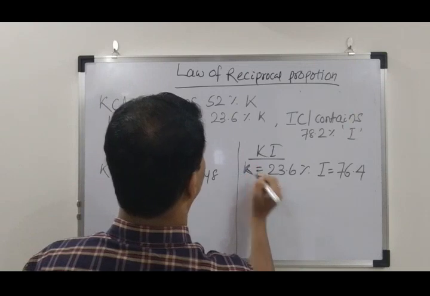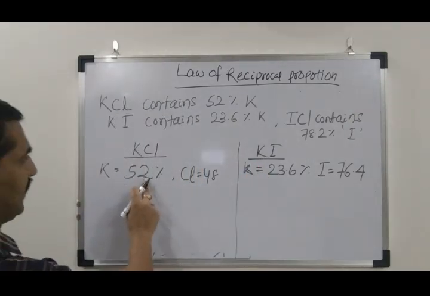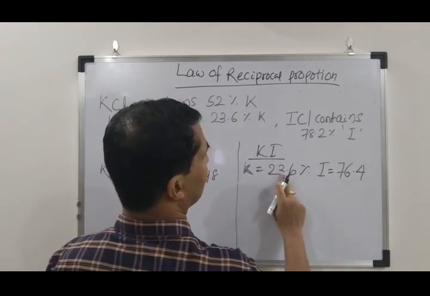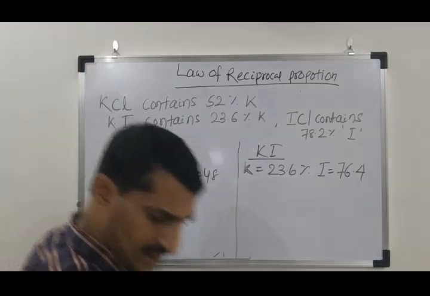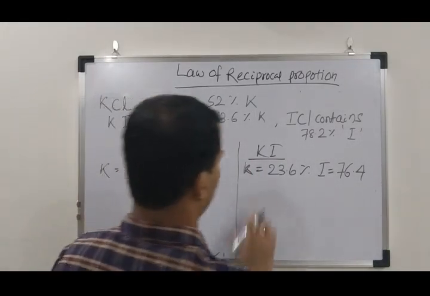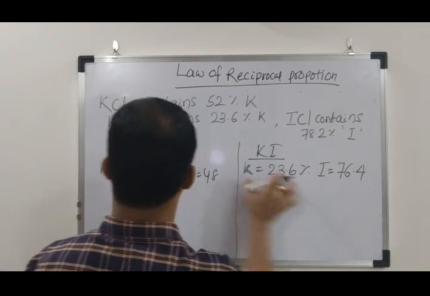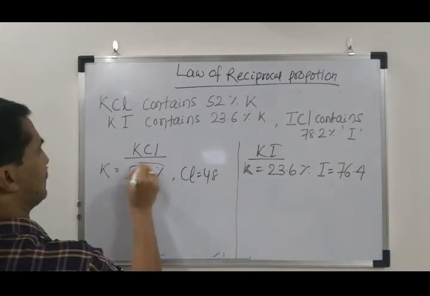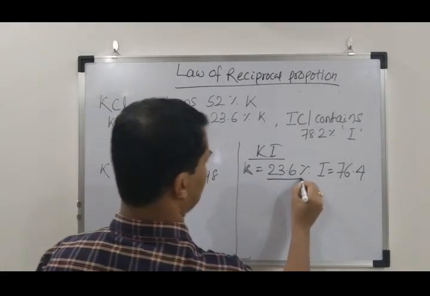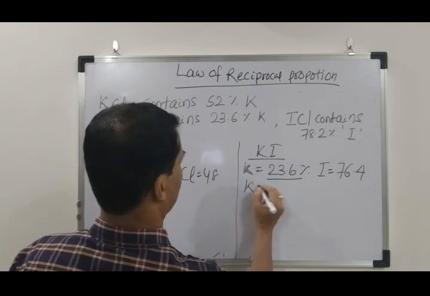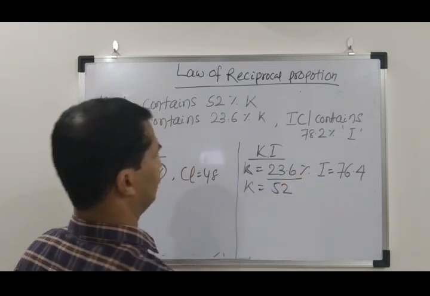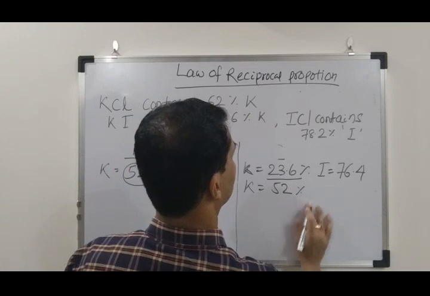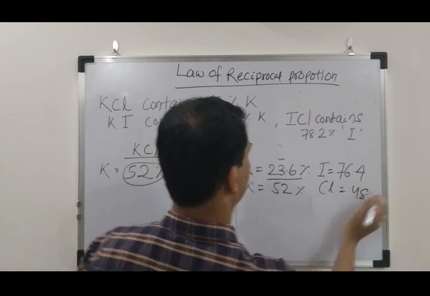Now, here the content of potassium is 52 and chlorine is 48. Here the content of potassium is 23.6 and the iodine is 76.4. Now, I will try to fix the content of potassium in both cases. Here the potassium content is 52, here it is 23.6.